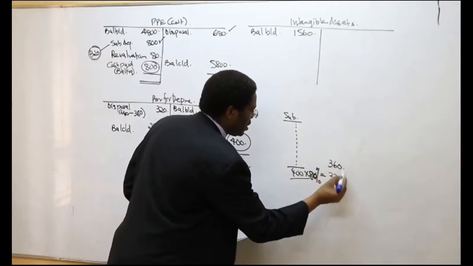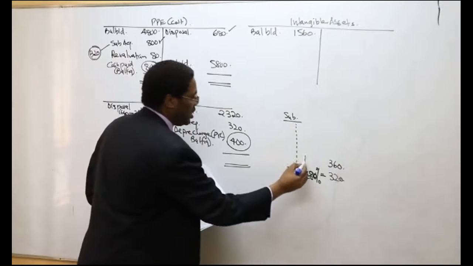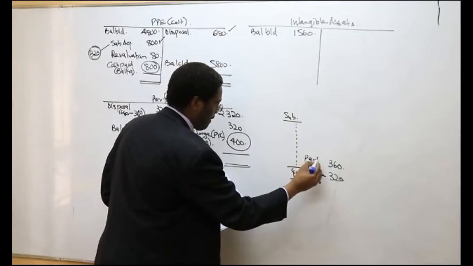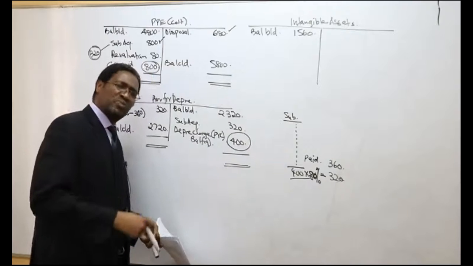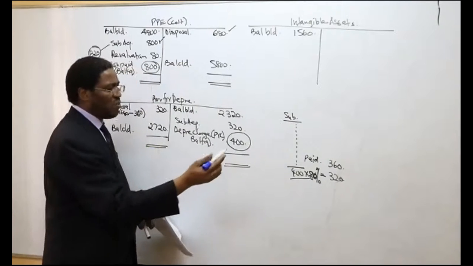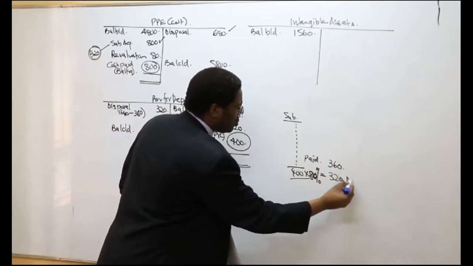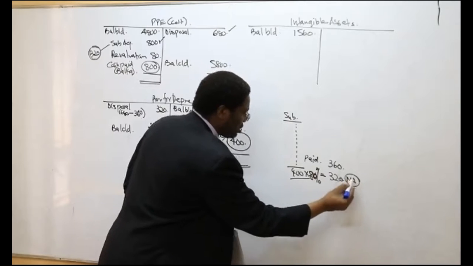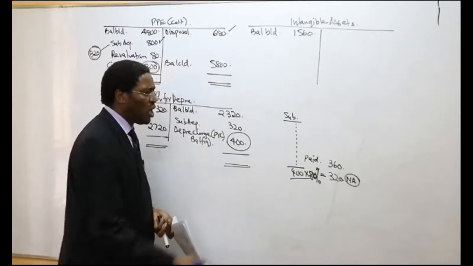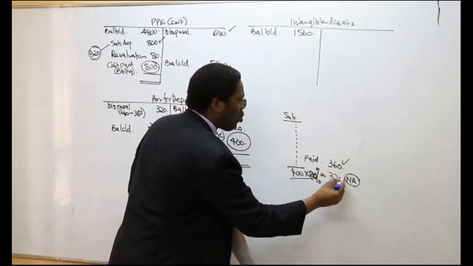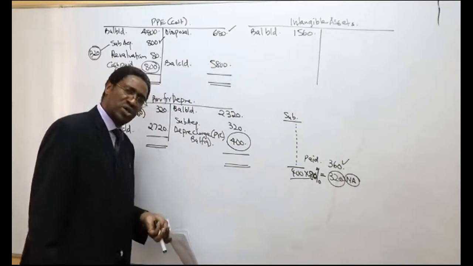That is the amount paid, or the purchase price. So if you will pay 360 million and you are buying net assets amounting to 320 million, the question is, why should I pay more to acquire less?